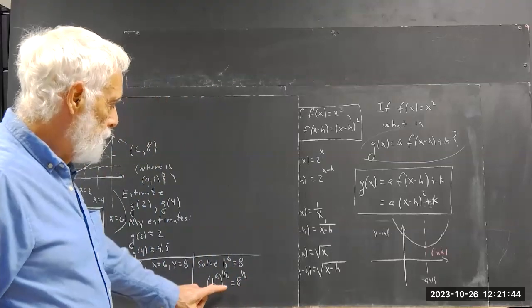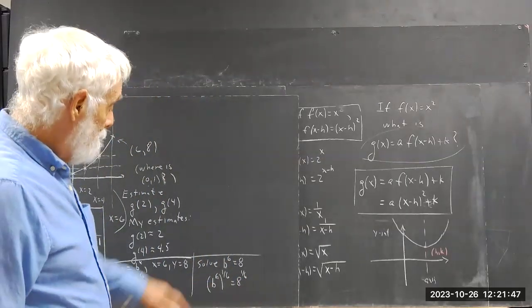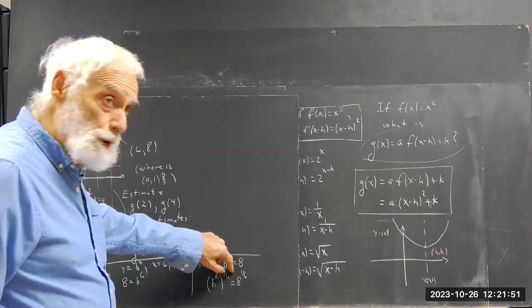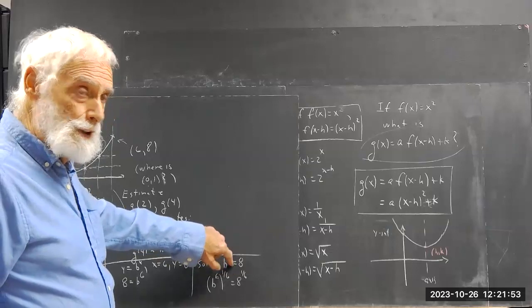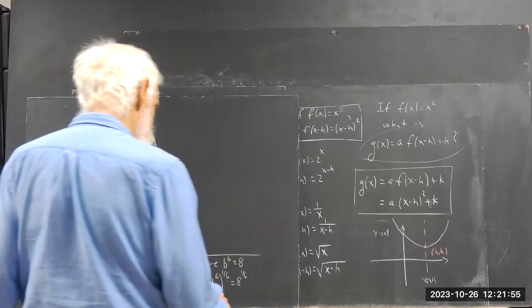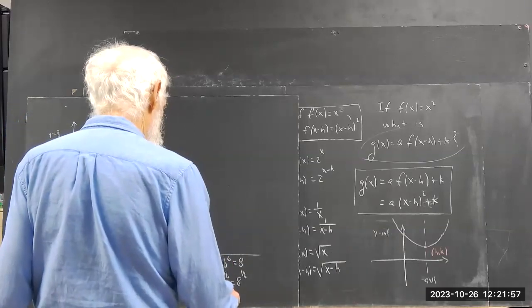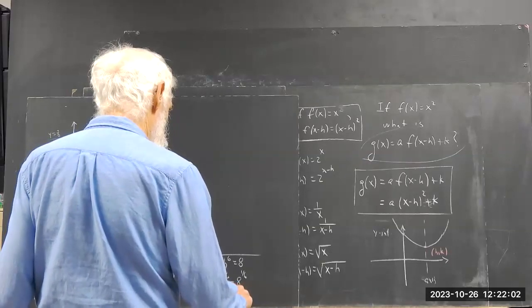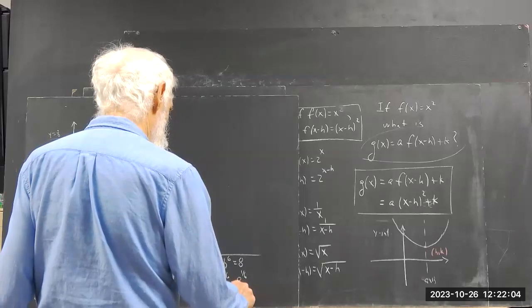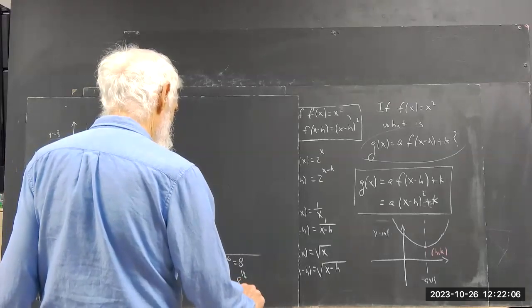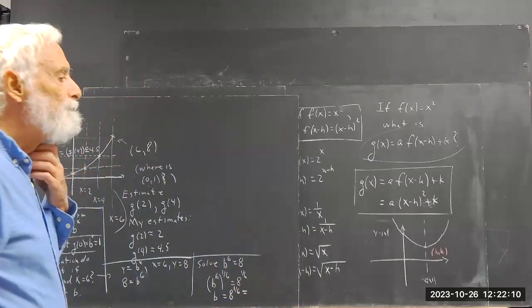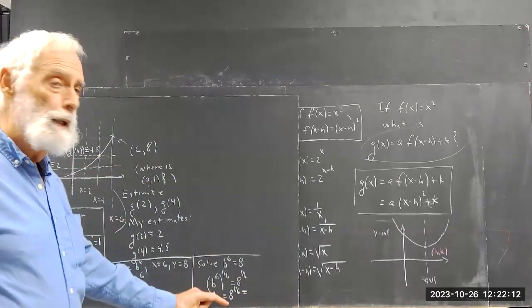B to the 6th to the 1/6 by your rules for exponents is b to the 6th times 1/6, and 6 times 1/6 is 1. Now, what's 8 to the 1/6 power?